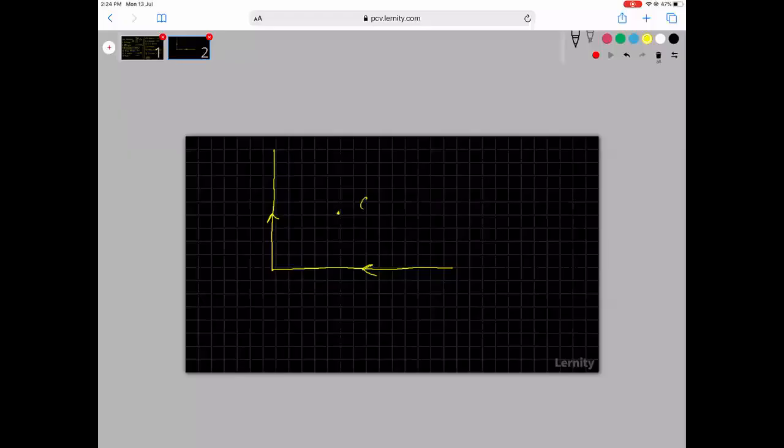At a point (a, b), we want to know what is the magnetic field. It is mu naught by 4 pi, I by D, times sine theta 1 plus sine theta 2.